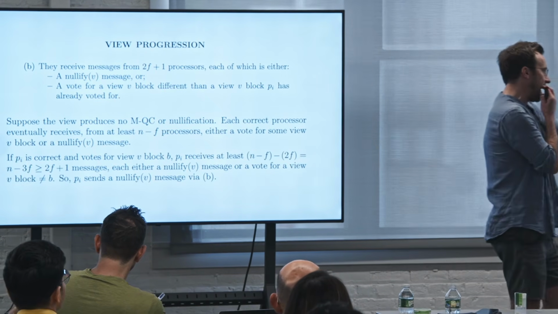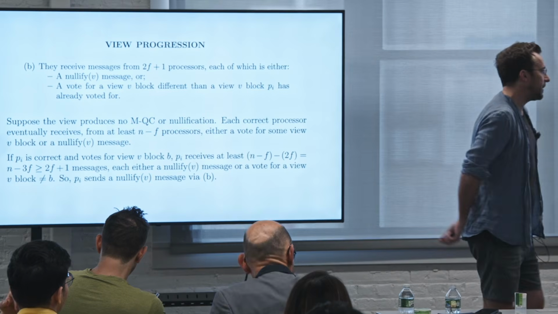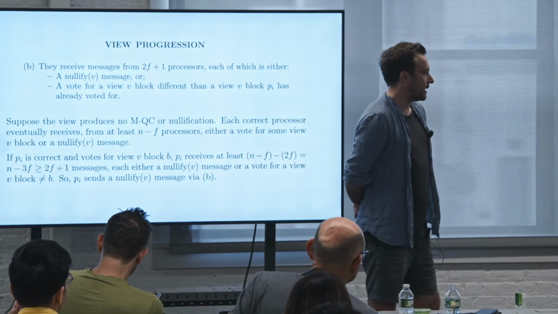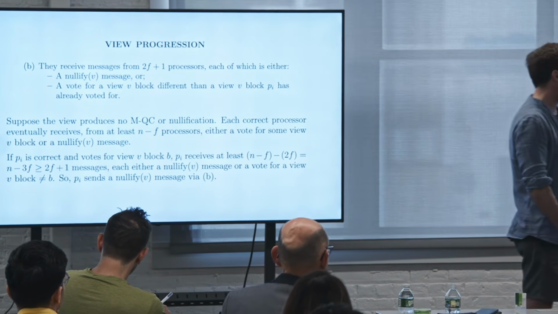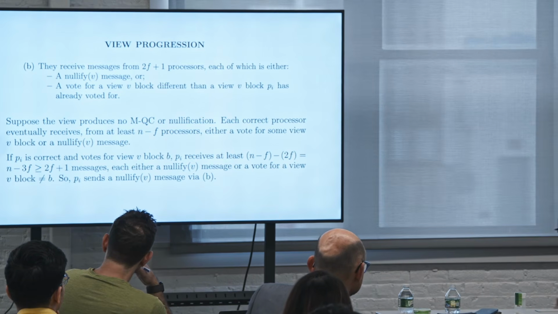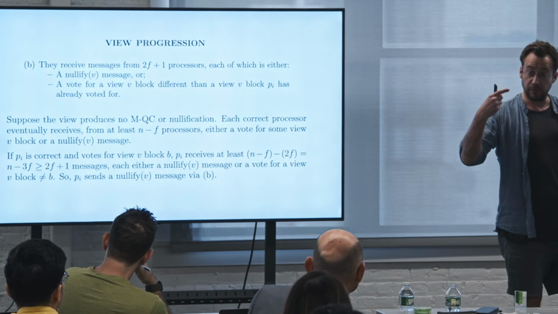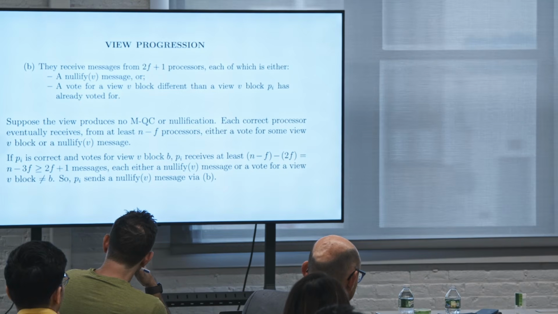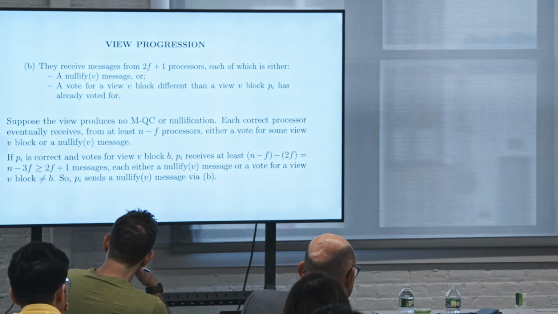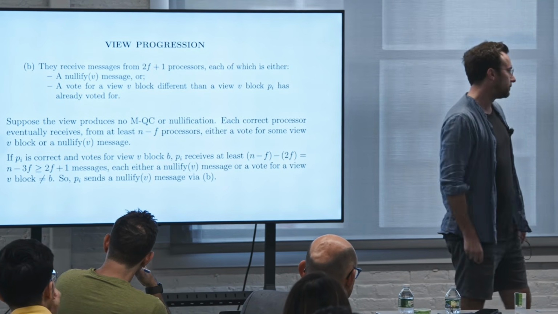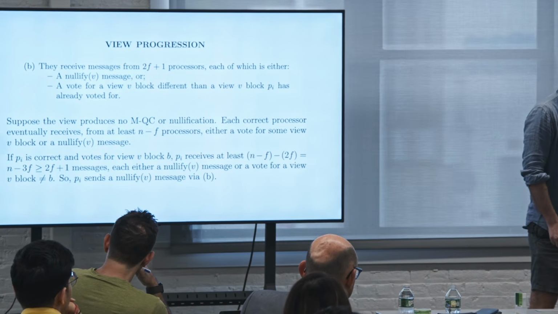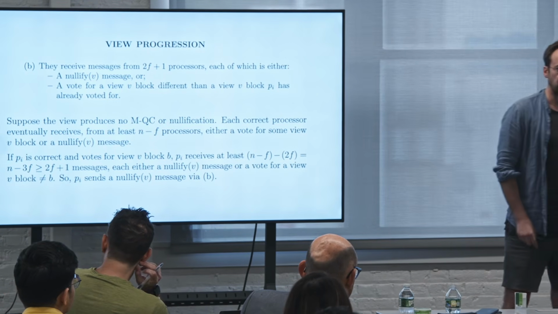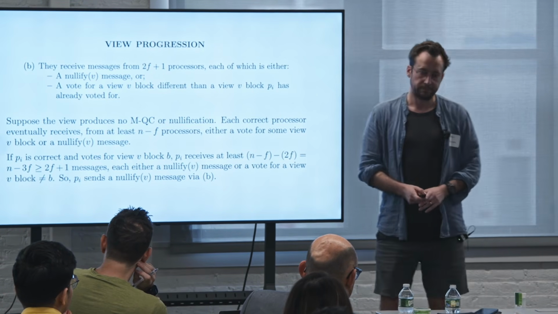Okay, so if Pi is correct and votes for some view v block B, let's do the counting. If the view doesn't produce an MQC, then it can't get 2f+1 votes for its own block. So it receives at least n-f in total, minus 2f potential votes for its own block. That's n minus 3f, which is greater than or equal to 2f+1, because we're assuming n is greater than or equal to 5f+1.